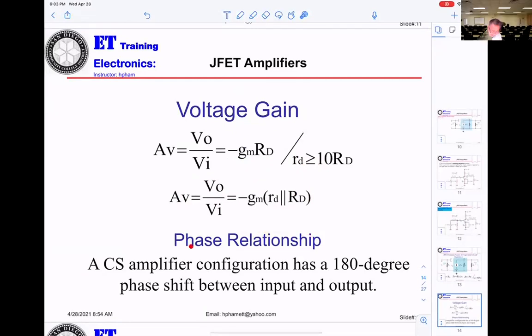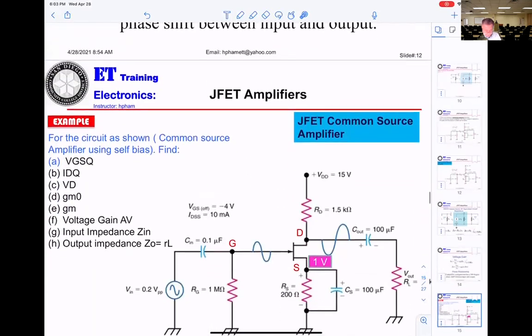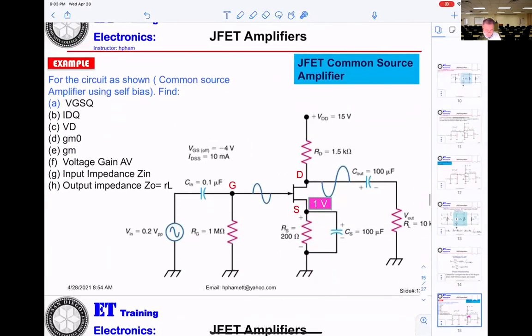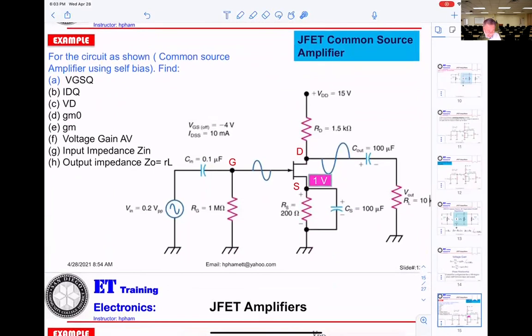The phase relation: the common source amplifier configuration has a 180 degree phase shift between input and output. Now we try one more example to complete this common source.